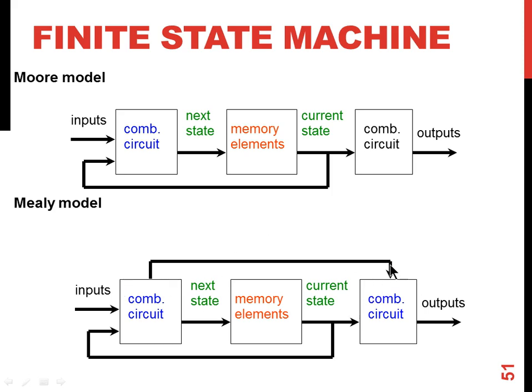Current state and input will determine the output of the combinational circuit, which will be the final output in case of the FSM. So Moore FSM output is dependent only on current state. Mealy FSM output is dependent on current state and input value. That's a key difference that you'll have to remember. You use a lot of FSMs later on in your design, so you have to understand and remember this difference when you design FSMs.